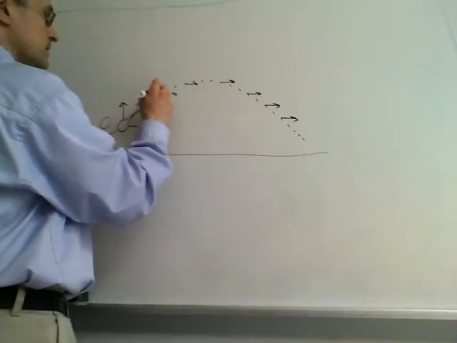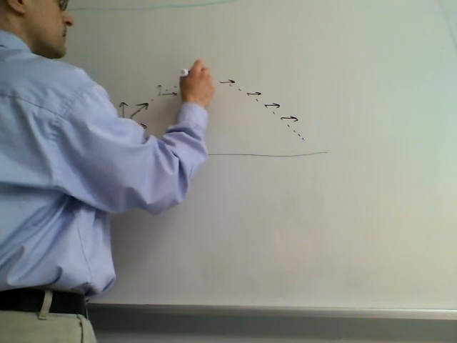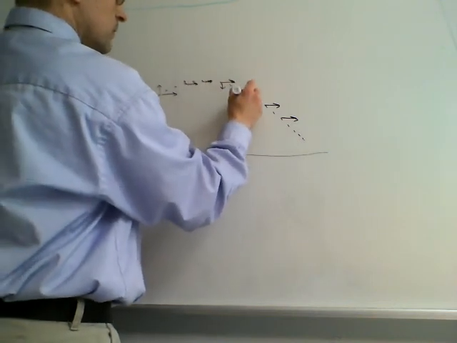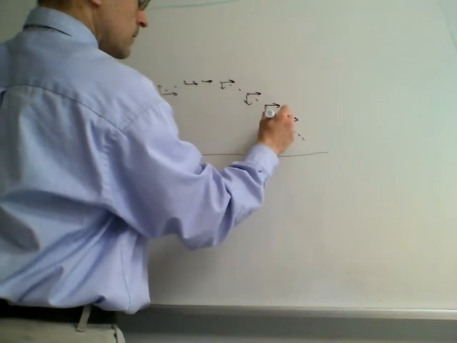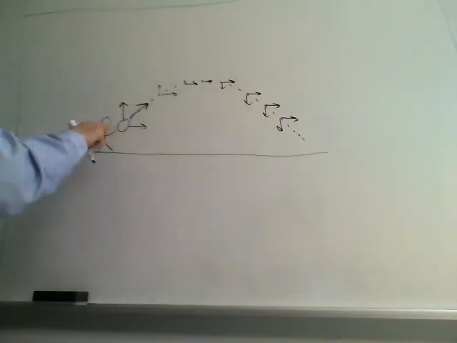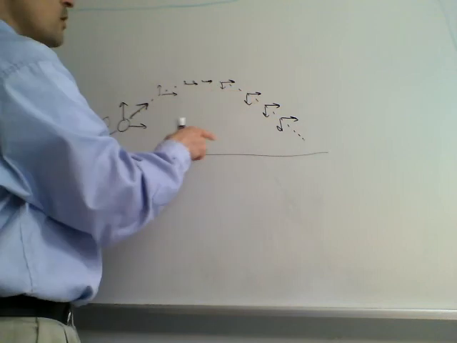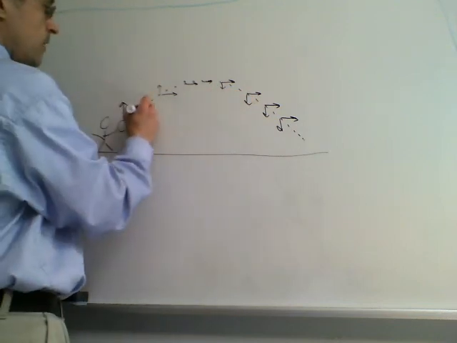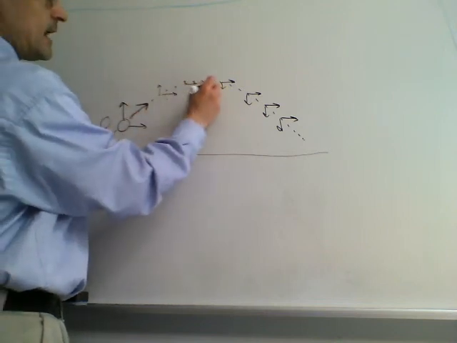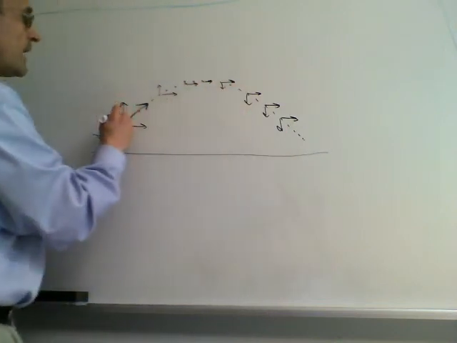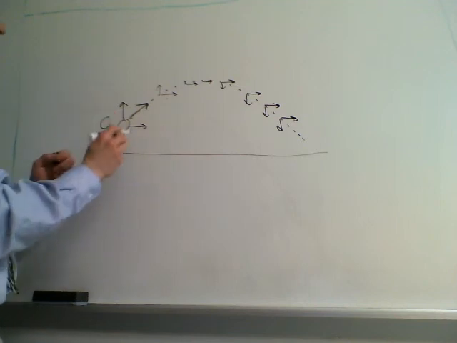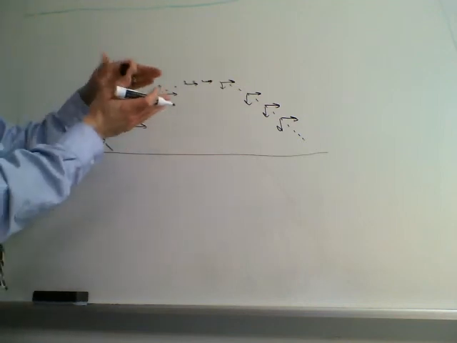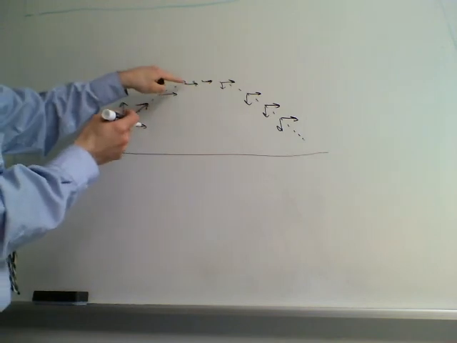But what happens is the y component changes. And so as our projectile moves through the air, the y component changes. So when you launch a projectile upwards, it maintains its x speed, but the y part changes because as the ball goes up, the y velocity gets smaller because gravity slows it down.